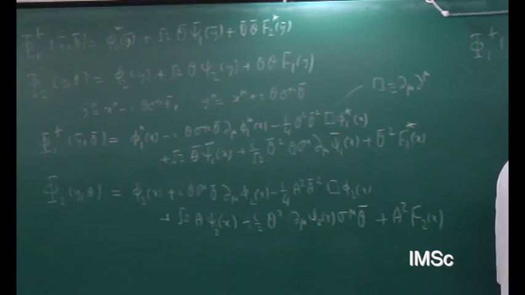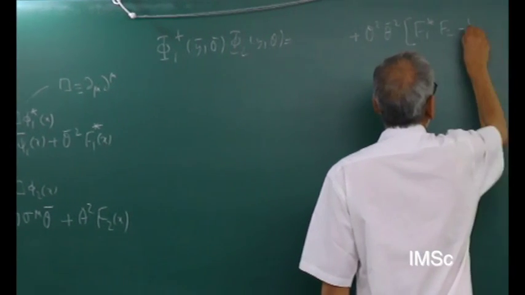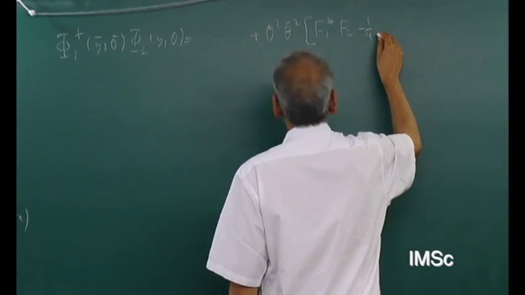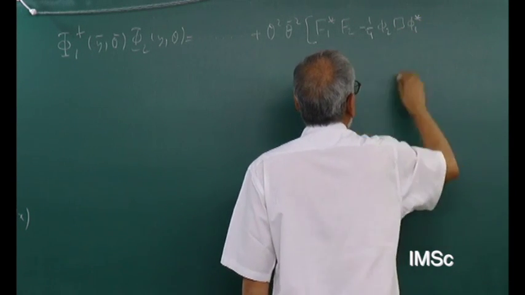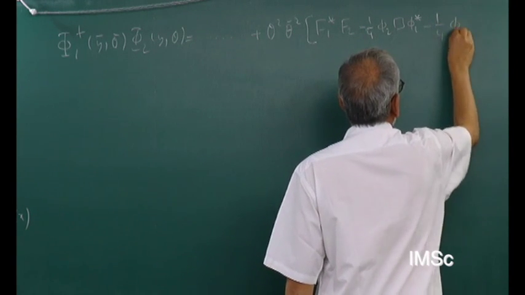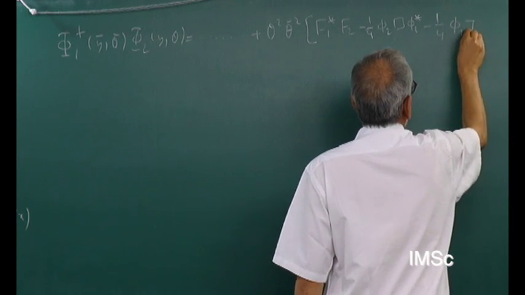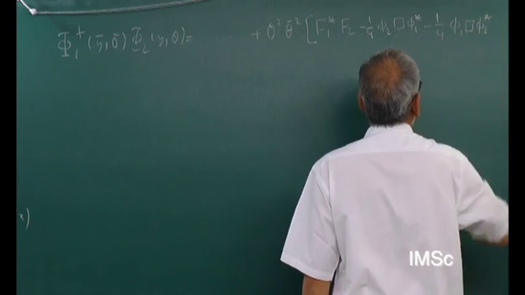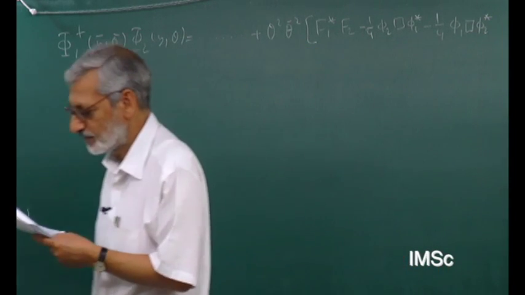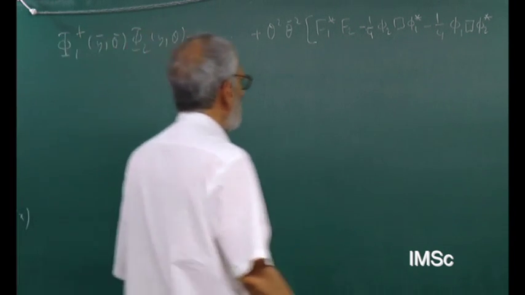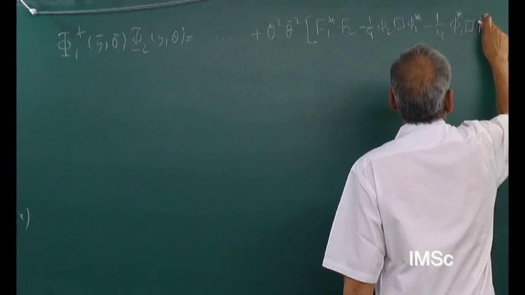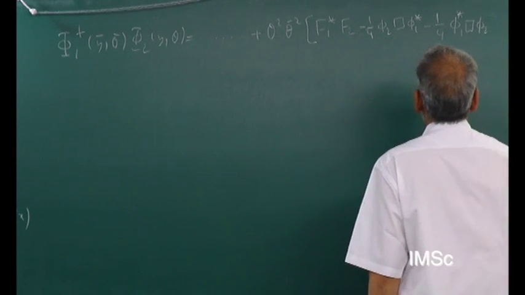So minus 1/4 phi 2 box phi 1 star and similarly minus 1/4 phi 1 star box phi 2. Something, I put stars wrong, right? 1 is with stars and 2 is without stars.